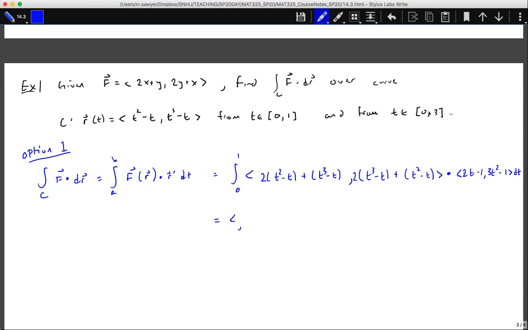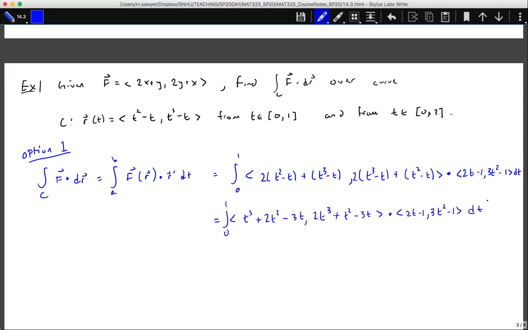And we can simplify this out, so we get the integral from 0 to 1 of t cubed plus 2t squared minus 3t, comma, 2t cubed plus t squared minus 3t, dotted with 2t minus 1, 3t squared minus 1 dt.